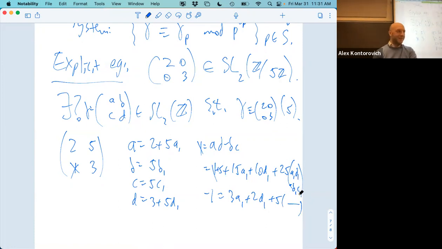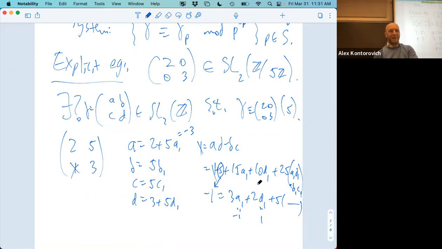For example, by choosing B and C to be the same as A and D. And how do I get this equation? Negative 1 and 1, I think, works. So A1 is negative 1, D1 is 1. I get negative 3 plus 2. I move the 5 to the other side and divide everything by 5.